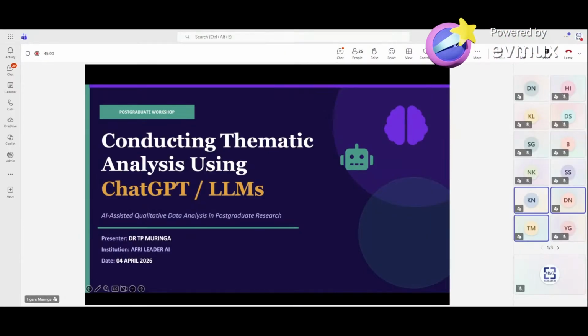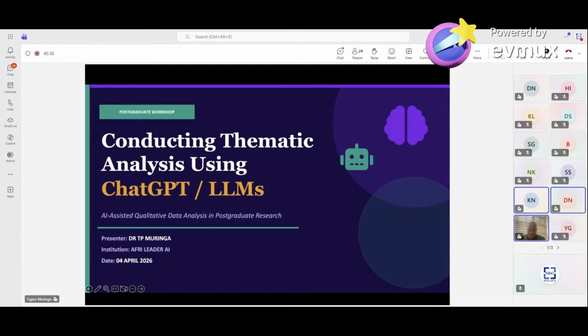What we're going to do is take the same traditional approaches that we use in thematic analysis, the Braun and Clarke thematic analysis, and convert it in such a way that we do it using AI tools, ChatGPT and other LLMs that we might have exposure to.